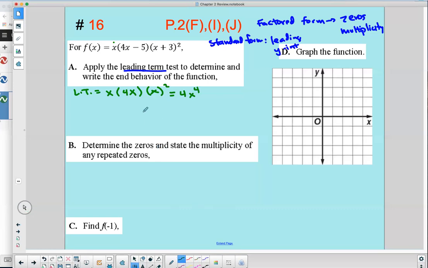If it's 4x to the 4th, what that means for my limits is this graph is going to look like a parabola because it's to the 4th power. It's going to look like a parabola going up. So this part would say the limit as I go left, and the limit as I go right.